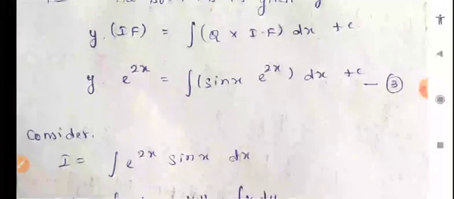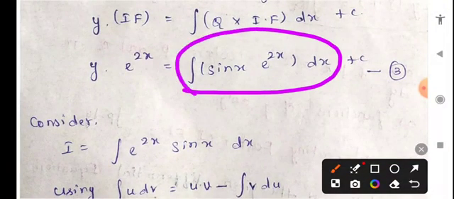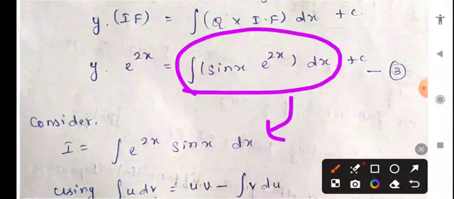Right. Now what you want to do? You have to find the integral value of e power 2x into sin x dx. Separately consider this. For finding this value, consider I is equal to integral over e power 2x into sin x dx.